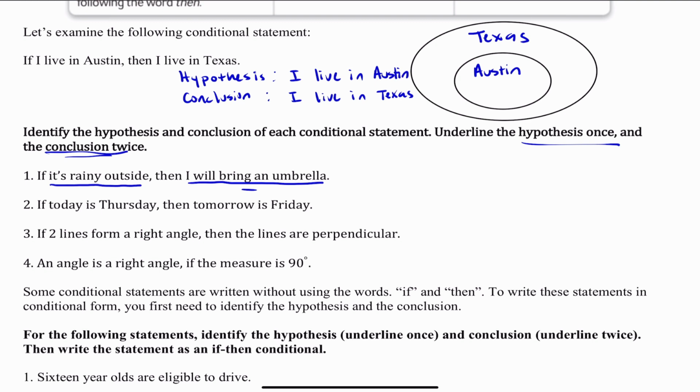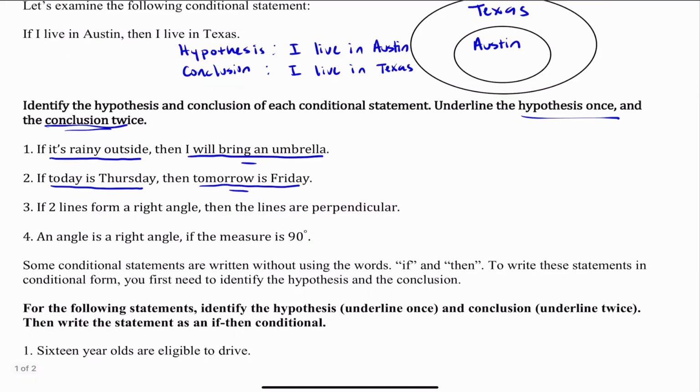Number 2, if today is Thursday, then tomorrow is Friday. The words after if are my hypothesis, and the words after then are my conclusion. Number 3, if two lines form a right angle, then the lines are perpendicular. Again, this is our hypothesis, and the part after the word then is our conclusion.